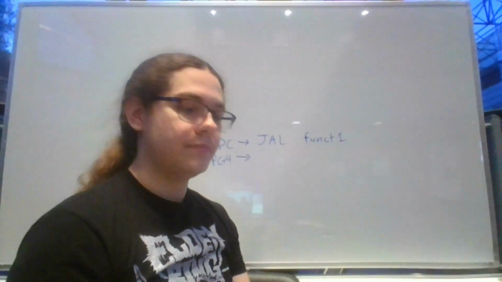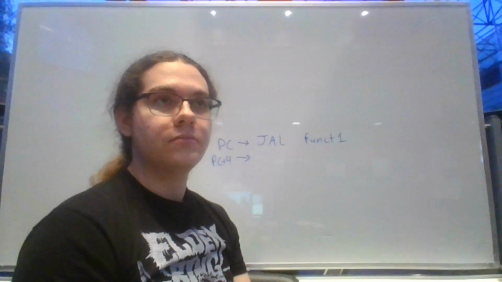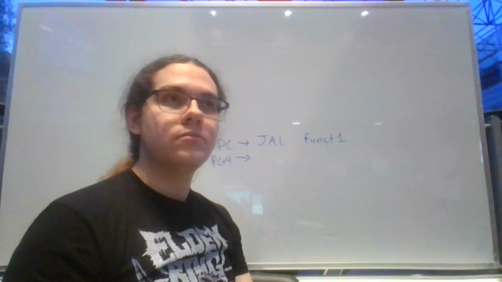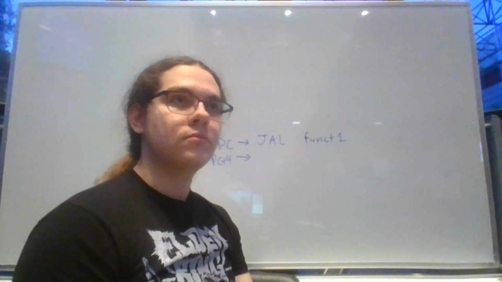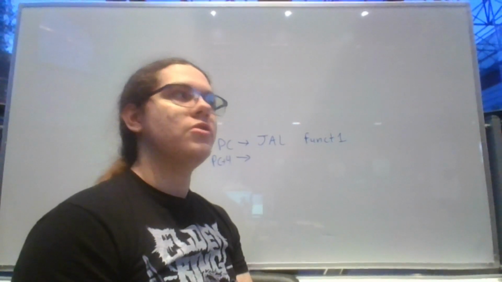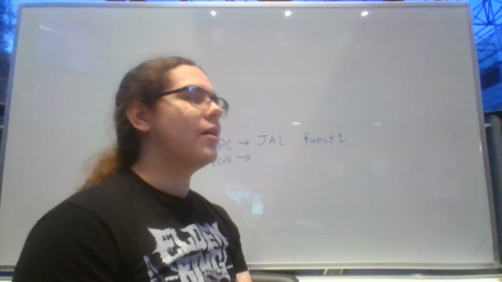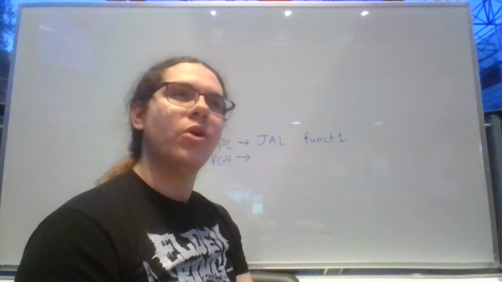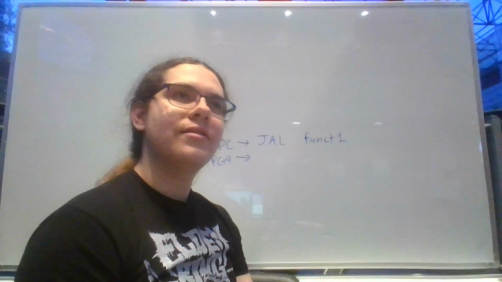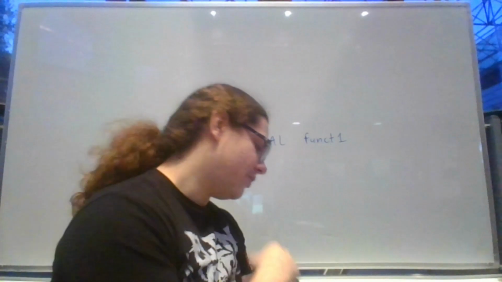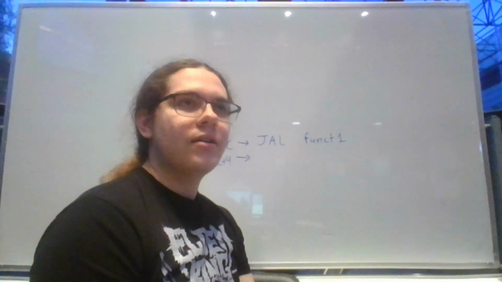My question was, I didn't realize the instructions we do in RISC-V all have a memory address associated with them. Have you guys gone over the encodings yet? Okay, that's fine. You'll go over them soon.